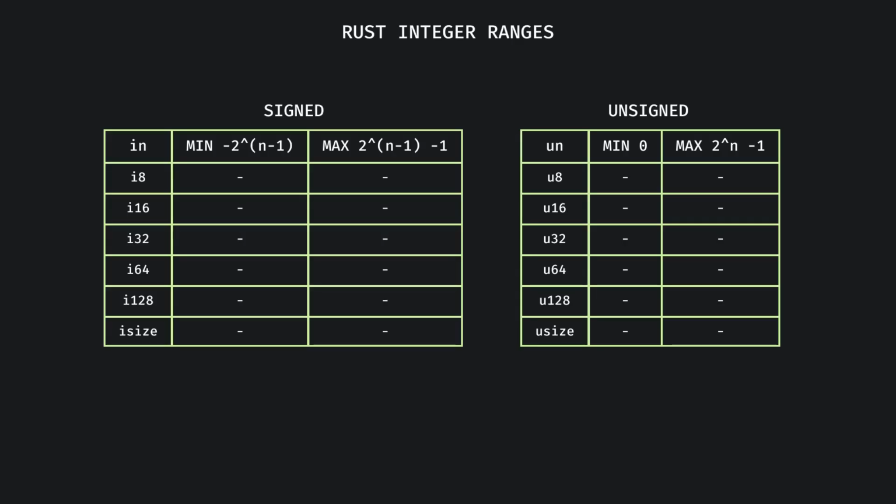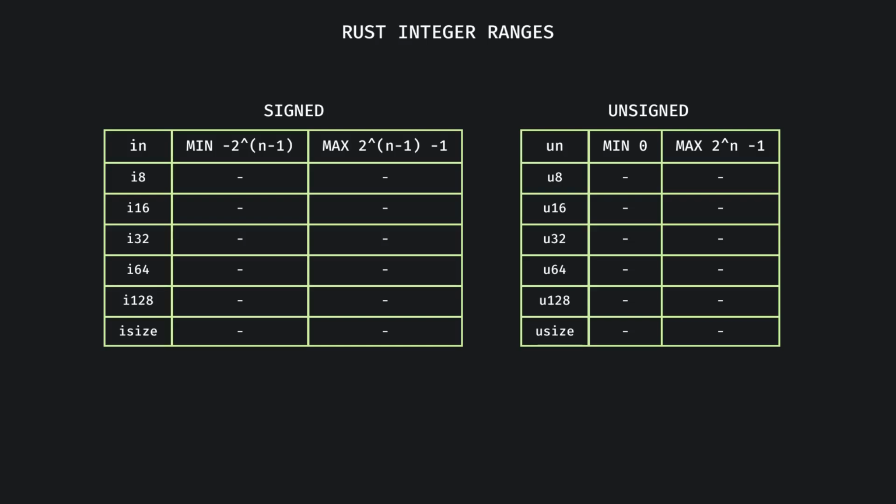Each integer variant can store integers of a certain range due to their size and sign. For a signed integer in, the range is between -2 to the power of n-1 to 2 to the power of n-1 minus 1. For an unsigned integer un, its range is between 0 to 2 to the power of n minus 1.